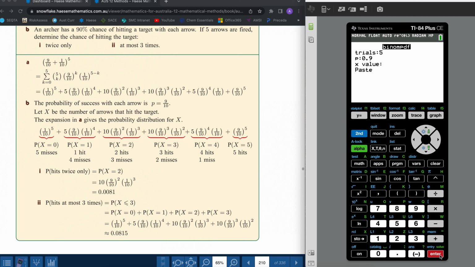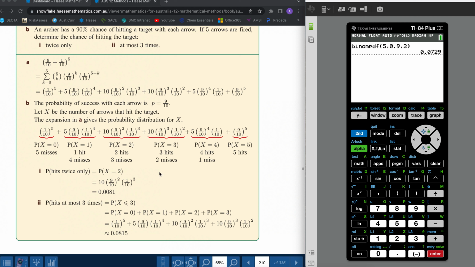If I said I wanted to get 3 hits, I put in 3. You enter, it pastes that into your menu and you just hit enter again to get the answer, and it tells us it is 0.0729. That's the probability of getting 3 hits, 2 misses.